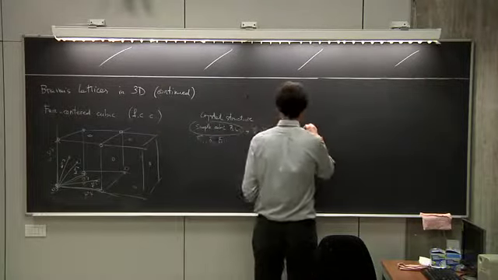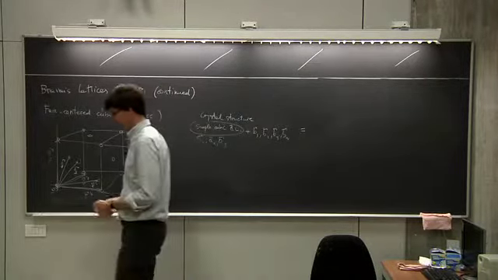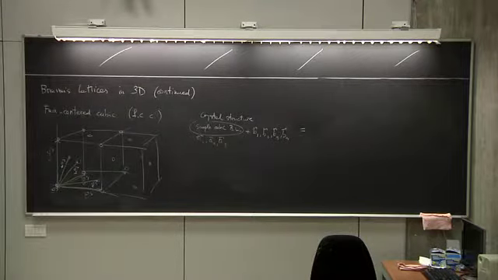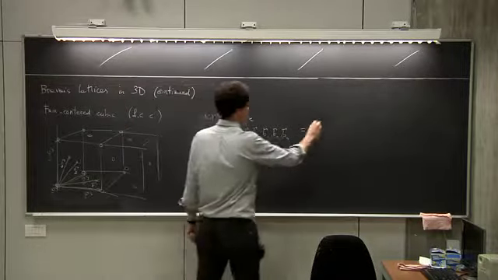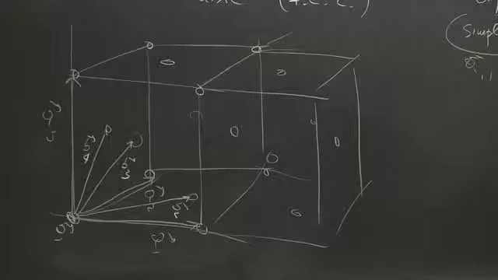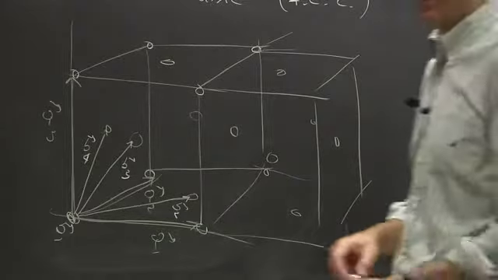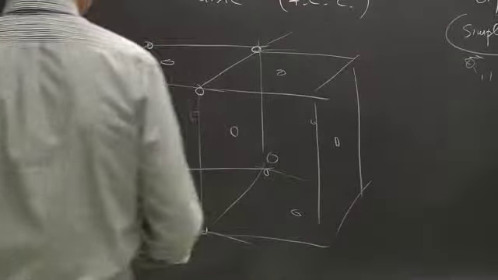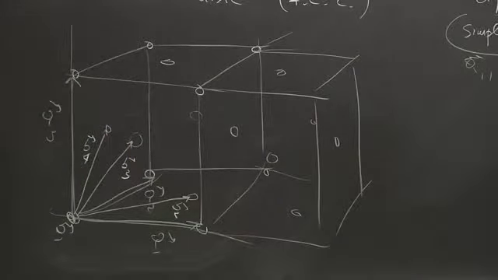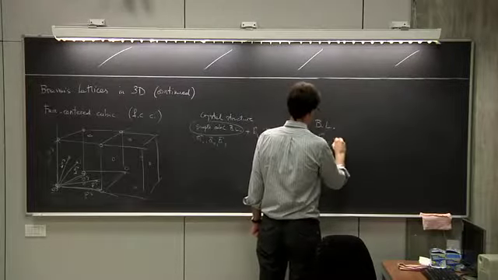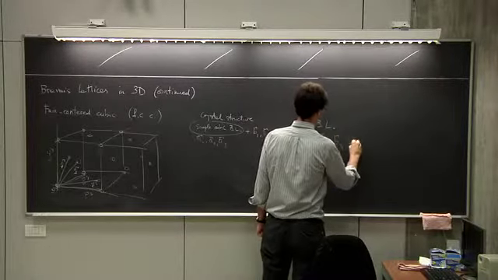Now it can be shown, it takes a while unfortunately, that this can be described also as a Bravais lattice. The FCC can be described with a Bravais lattice. The 3 primitive vectors are going to be B2, B3, and B4.